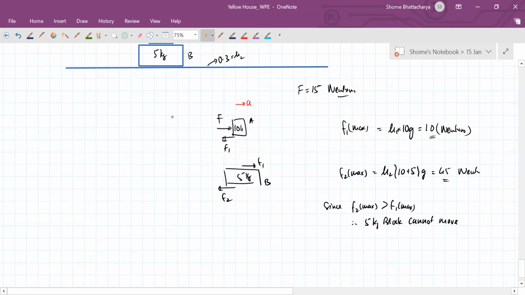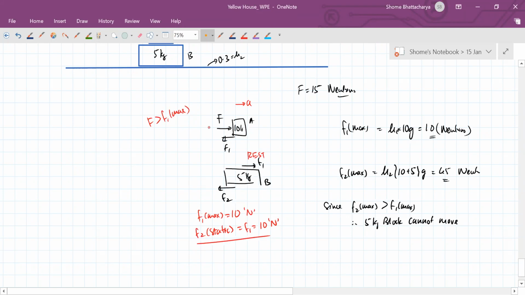So this one will move, because F is greater than F1 max. But this one will remain at rest with F1 max equal to 10 newtons acting on it. And F2 static friction will just balance F1. So 10 newtons will act on it.